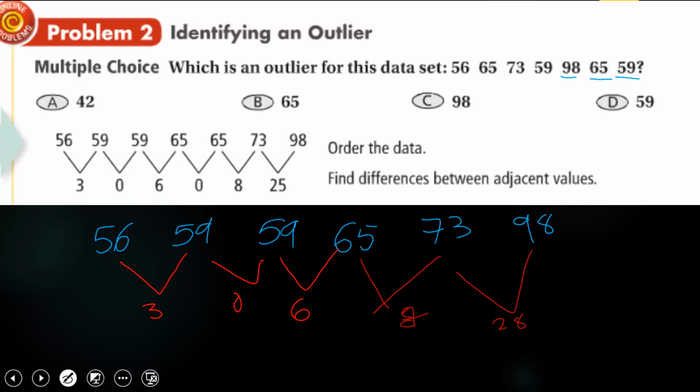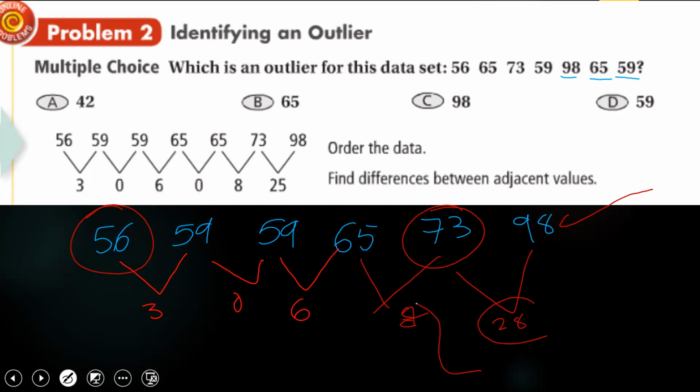If you look at the differences, we found that from 56 to 73, the values are close to each other. But if you look at 98, it is very far away from the other values. The difference here is 28. So that's why we say that 98 is the outlier.